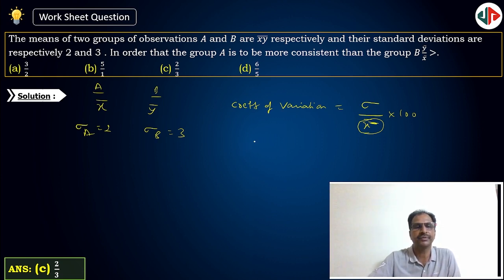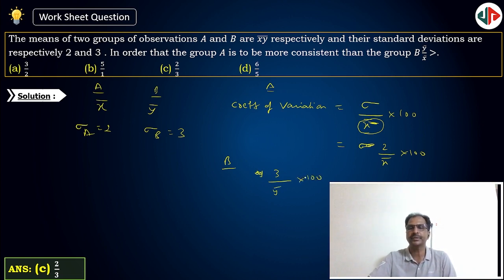So what is the coefficient of variation for set A? Sigma 2 by x bar into 100. For the coefficient of variation of B, 3 by y bar into 100.